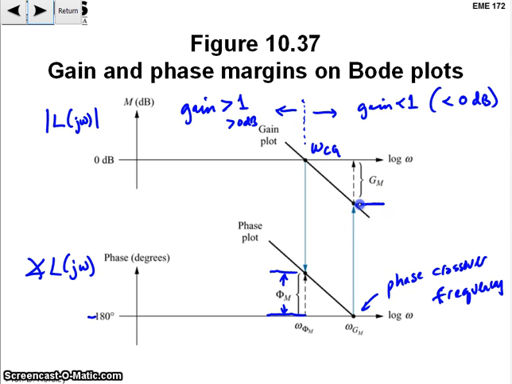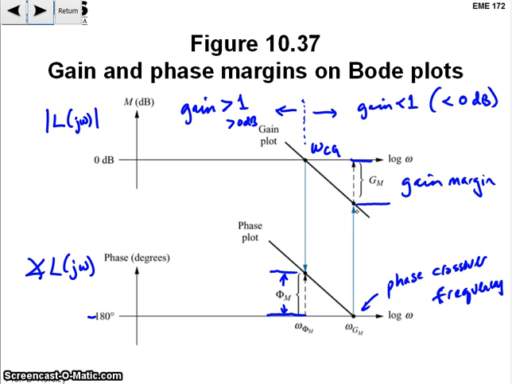The distance between 0 dB and the actual gain is the gain margin. That's the amount that the gain would have to be increased by to drive the system unstable. So let's say this is minus 20 dB here, then we could increase the gain by up to, but not exactly, 20 dB, and we would make sure that the system would be stable.